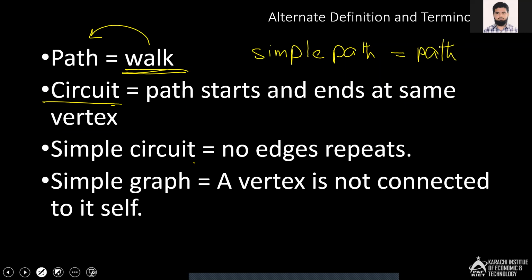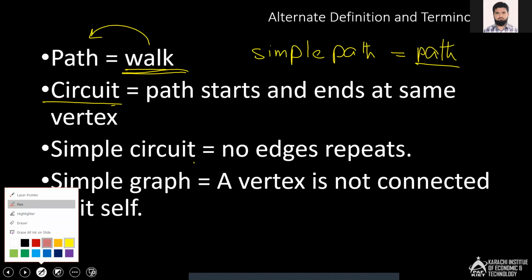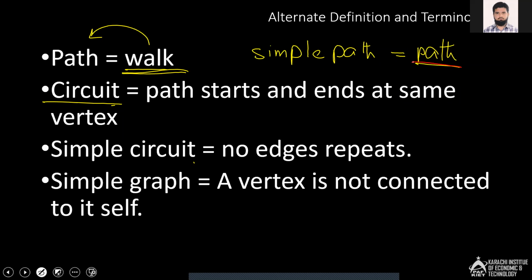So what we have considered as a path, some books, research papers, or other textbooks or courses might call a simple path. And what we call a walk, they might call a path. So both terminologies exist, and both are very much in use. You just need to consider which one is in use.